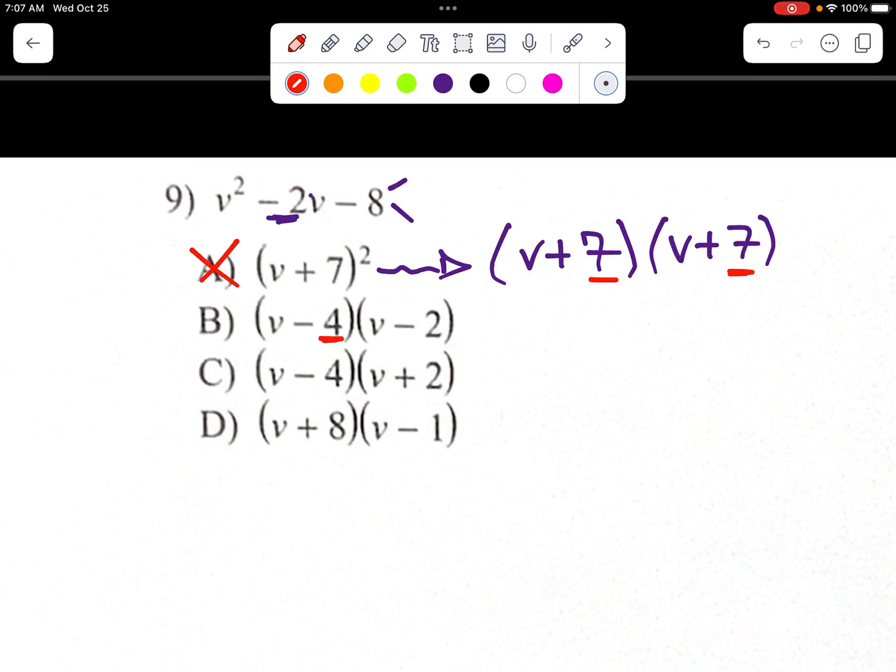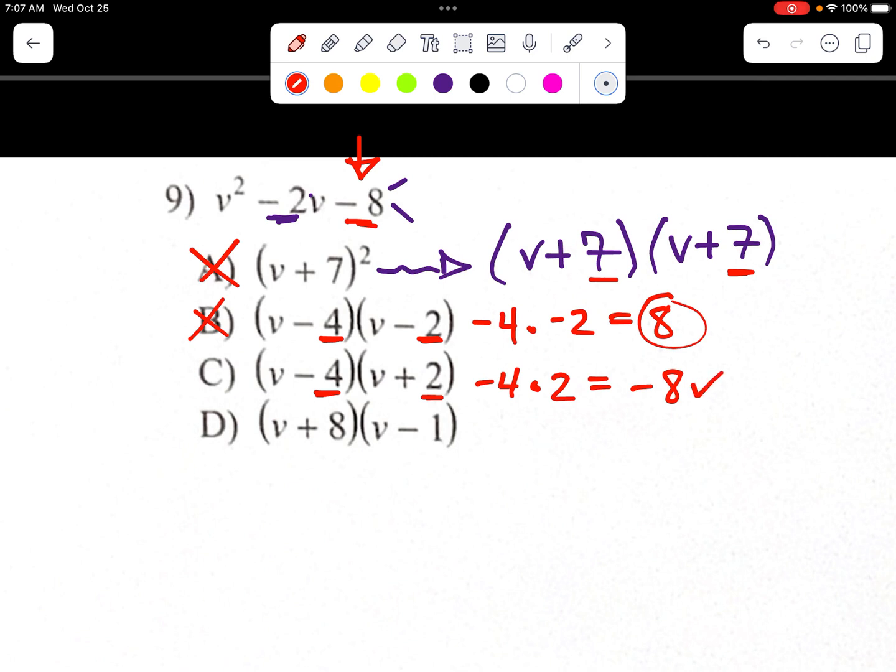So let's look here, -4 and -2. Is -4 times -2, is that -8? No. Excuse me, that's +8. So let's look at this letter C here. Is -4 times +2, is that -8? Yes.